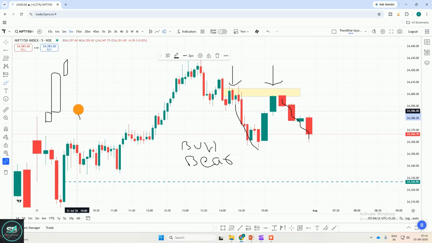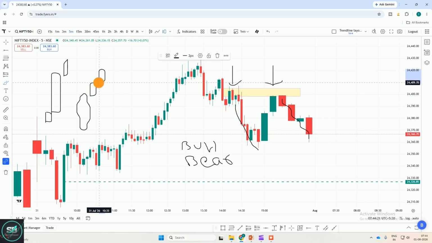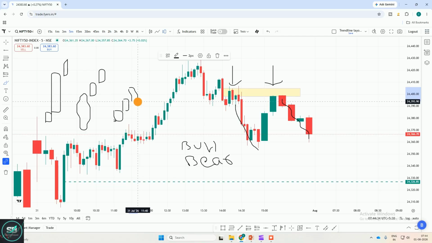Or else, the first candle will be big, the second candle will be small, and the third candle will be small. Sometimes you will see the first candle is small, the third candle is small, and the fourth candle is small.